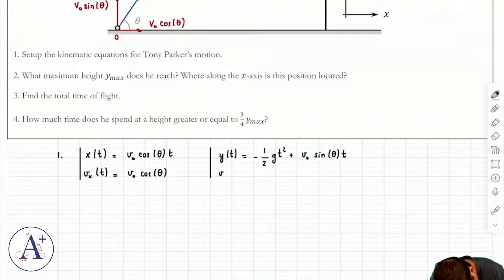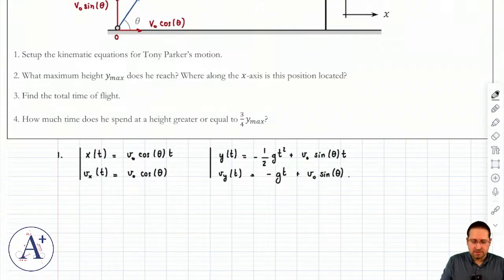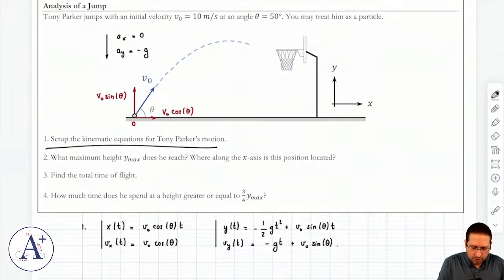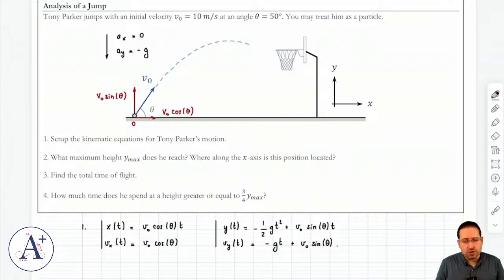And then vy of t is going to be minus gt plus v naught sine theta. All right, so that's 3 points. I mean, it's even nice that you're prompted to do this. I mean, you should do it anyway, even if you're not asked to.